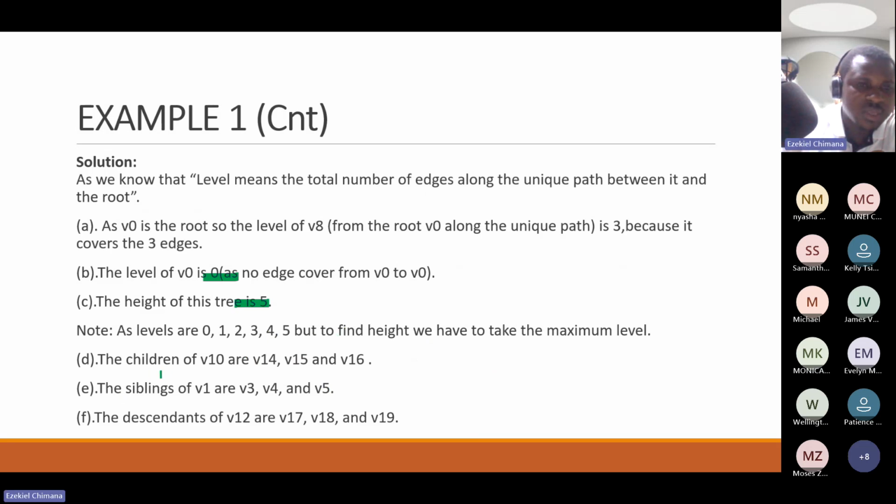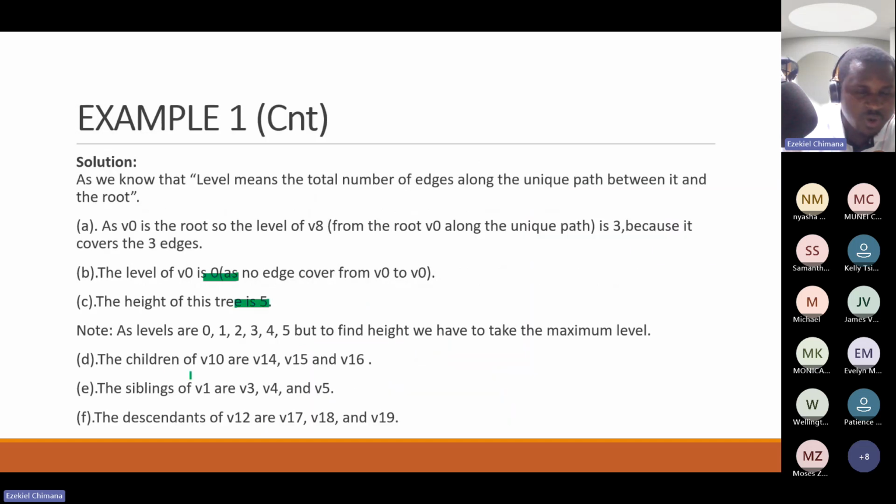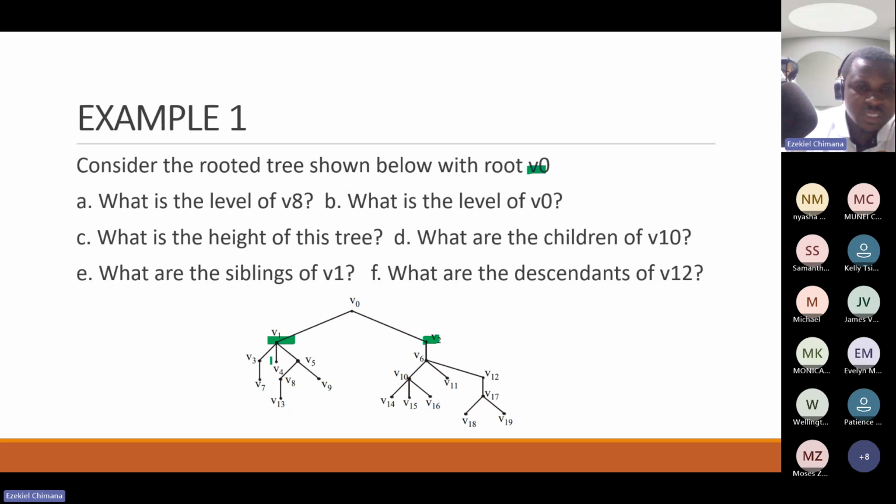And then the children of V10, yes. So V3, V4, V5 are the children of V1. The children of V10 are V14, V15, and V16. So there's need of correction on the siblings of V1. It's not correct as I said; the sibling of V1 is V2 here.